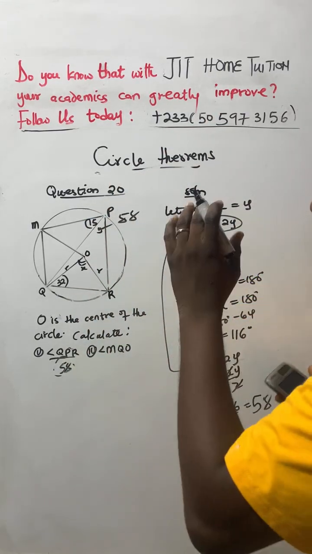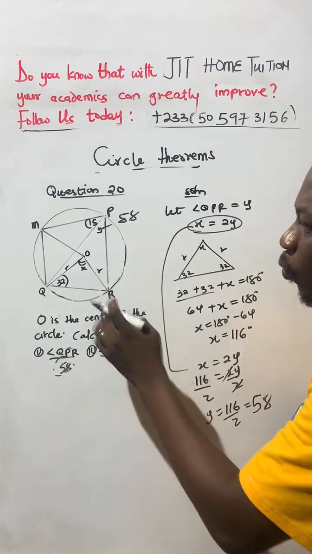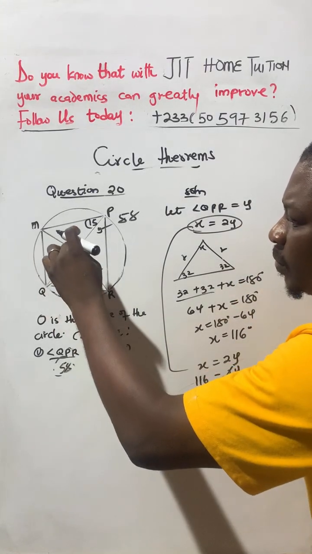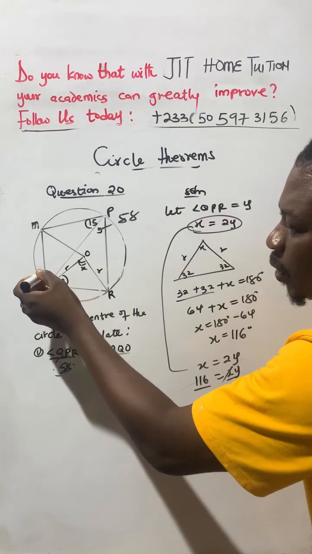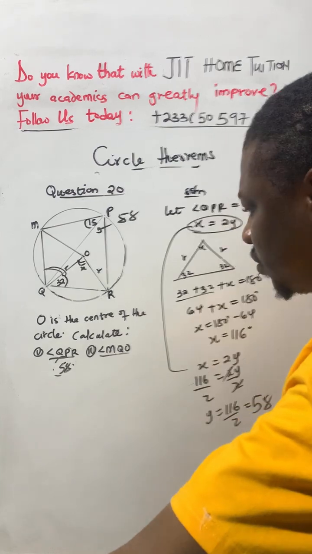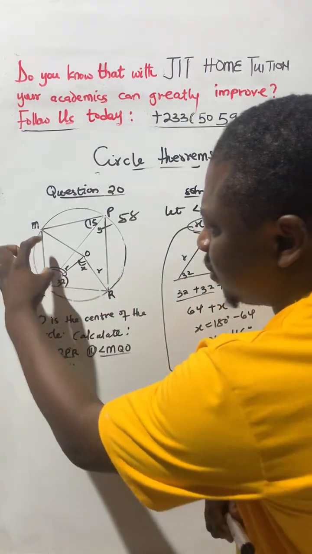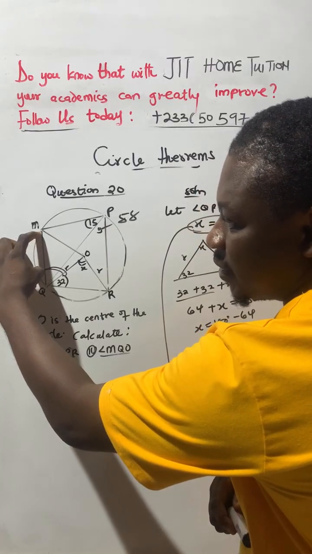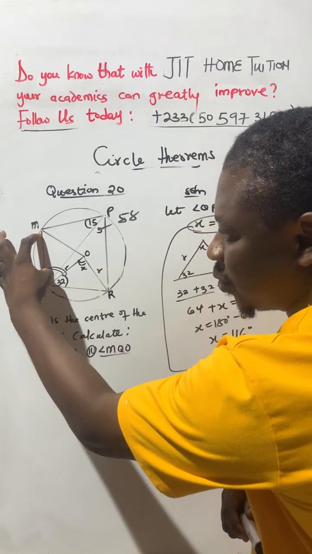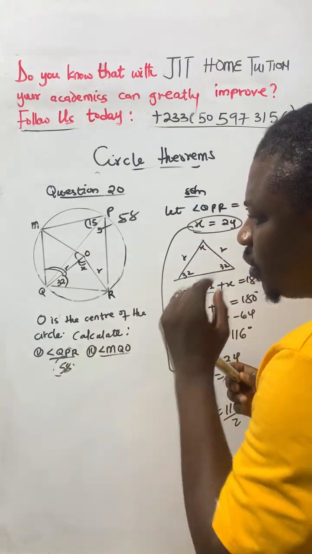Now the next part is asking us to find angle MQO. So we are looking at the angle at this side. How do we go about it? Look at it carefully. You see that this side also is a chord, and the chord subtends at the center here, but we don't know the angle.